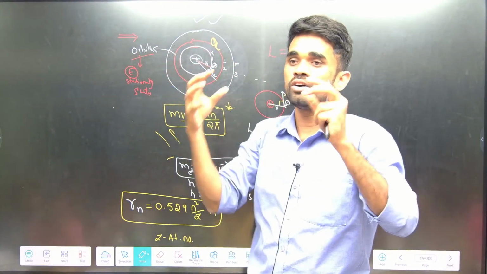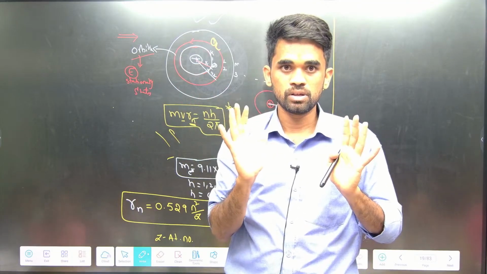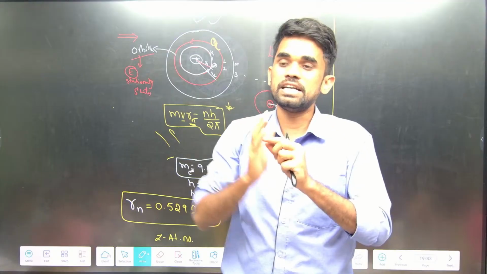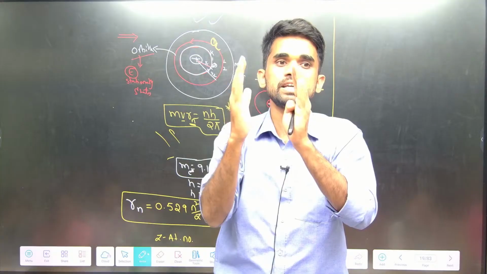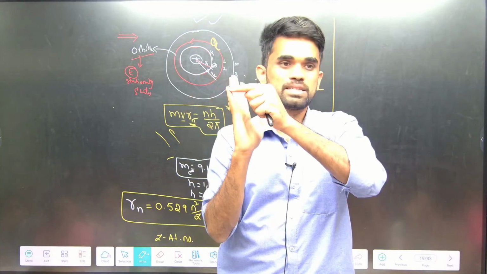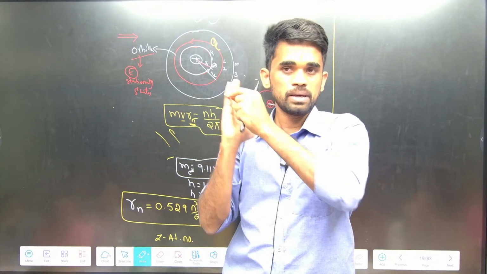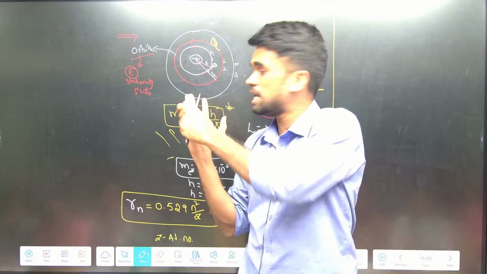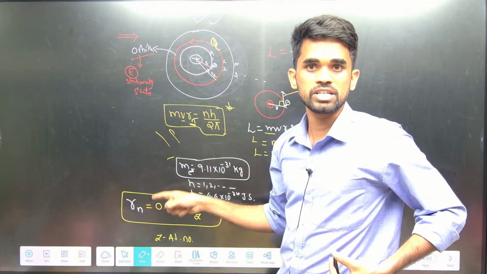So using this explanation, he said it will be in a stable form. That means the centrifugal force and centripetal force are equal, and this is the reason for its stability. So now we have an explanation for stability and spectra. From that stability relation only we are going to calculate the radius, energy and all those things.